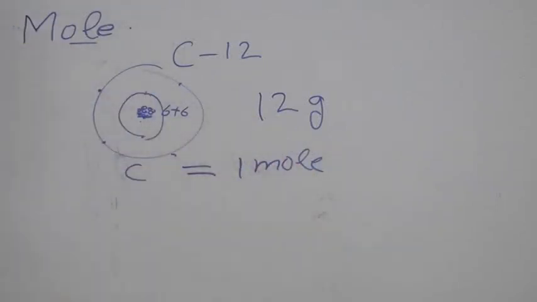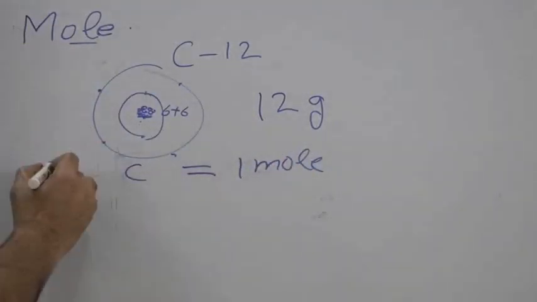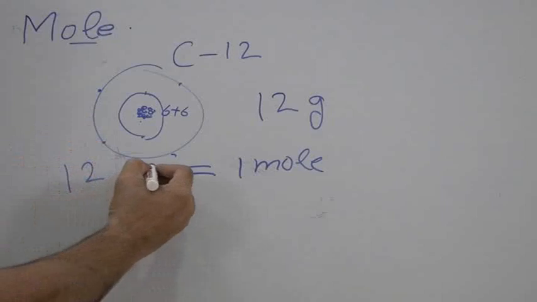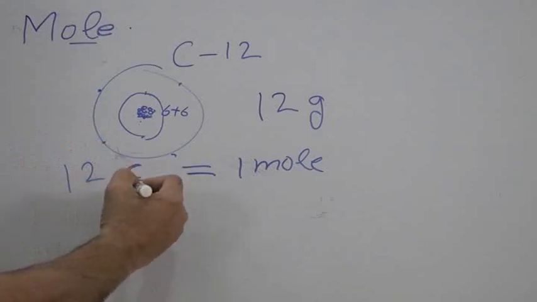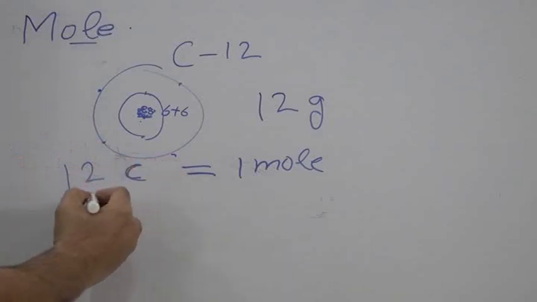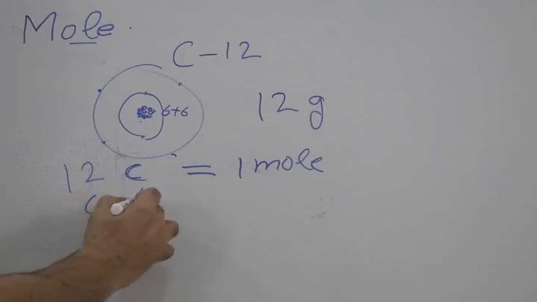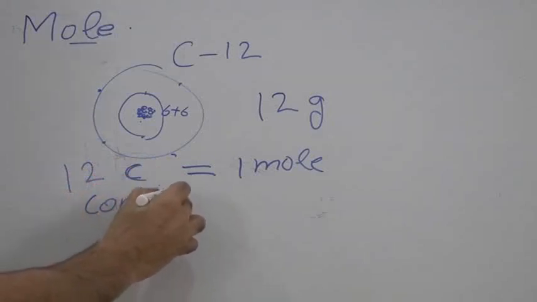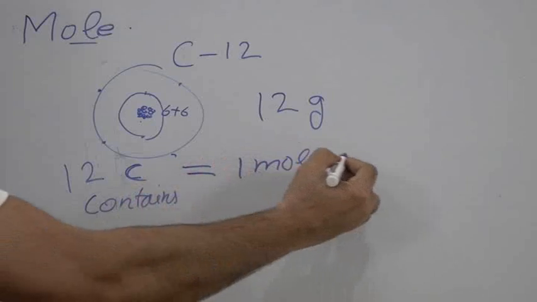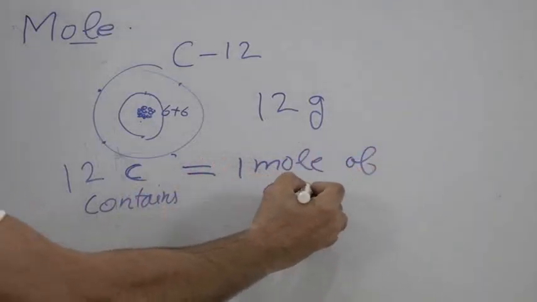That would be exactly equal to 1 mole. 12 gram carbon contains exactly 1 mole of carbon atoms.